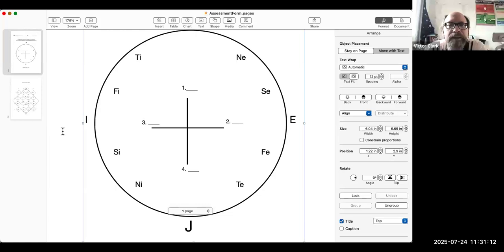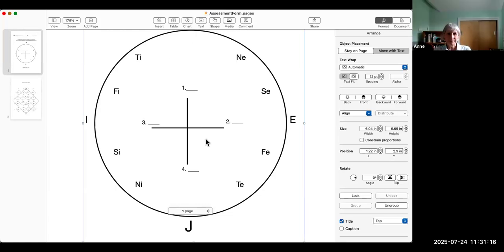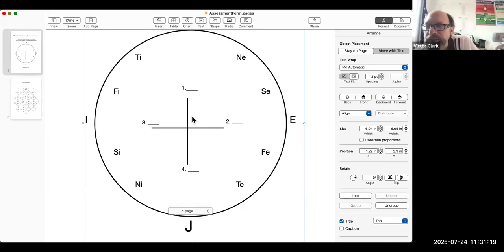I don't know. No, let's go back to my visual here, to that assessment form. Let me show you, because it directly relates to this. Remember this? It is about balance, but it's not on a continuum. If you have intuition, the intuition is extroverted, it's going to remain extroverted.